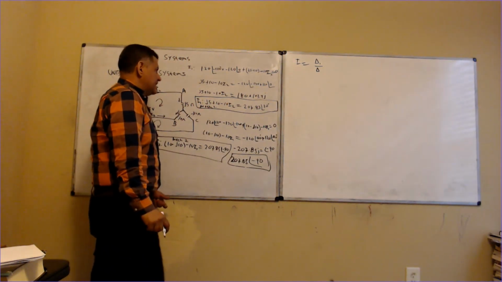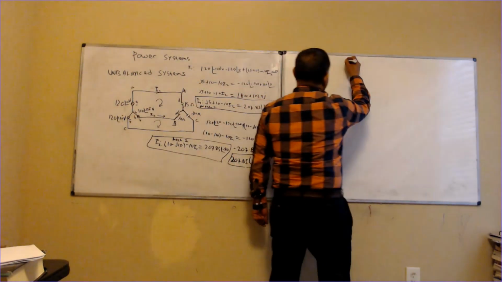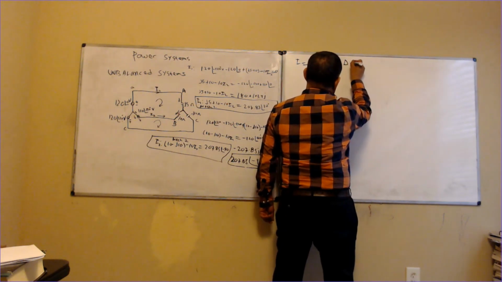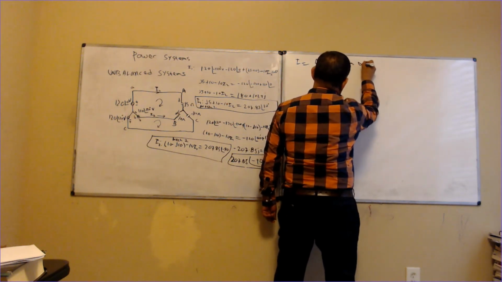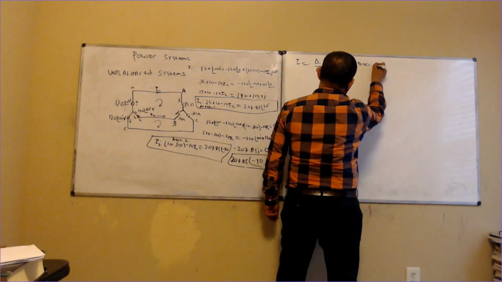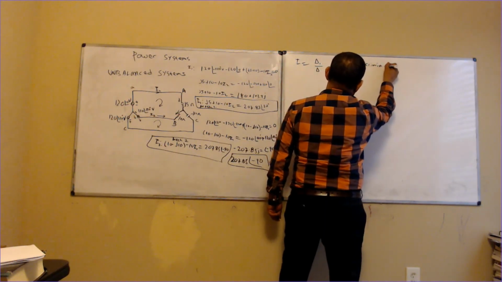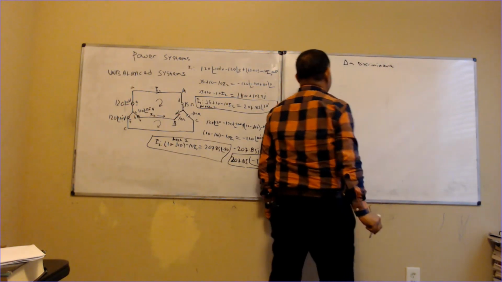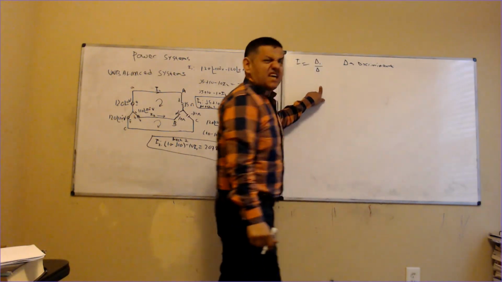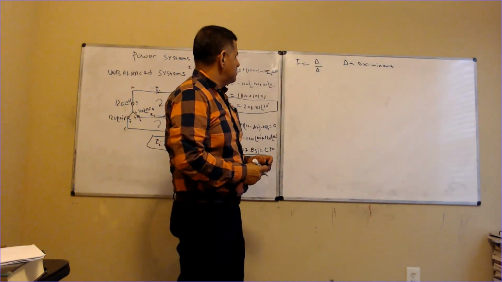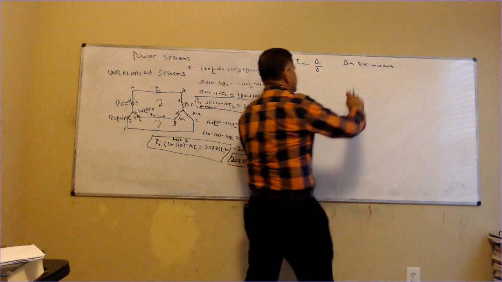So, delta is what is called the discriminating, right? I guess this guy is discriminating.